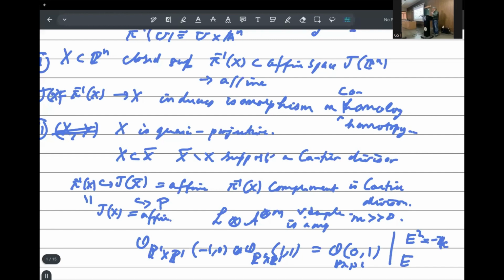So you can take what is called the Hirzebruch surface F2, and there's a minus 2 curve in that. If you just tensor, you have to tensor with a high enough power. But anyway, we don't care.